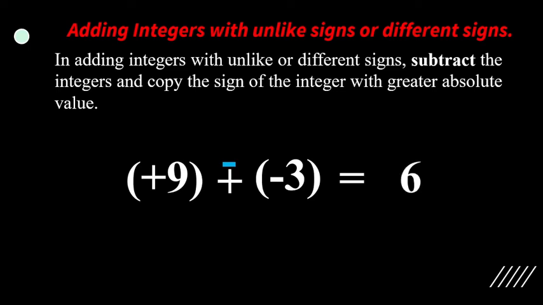And copy the sign of the integer with greater absolute value, which is +9. So our answer will be +6. So +9 plus -3 is equal to +6.